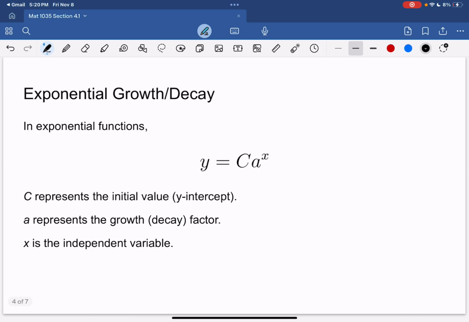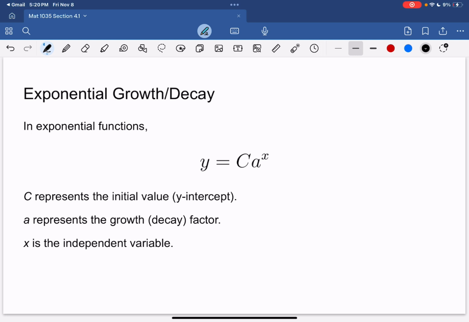All right, so our generic form of exponential growth and decay comes in this form: y is equal to C times a to the x, a to the power of x. C represents our initial value, so it's our starting population. So 2 rabbits, or even if it's just ourselves starting a rumor, right? So you have to have a starting population.